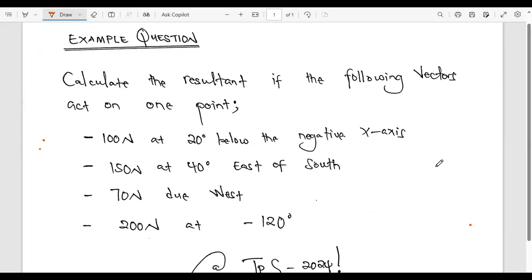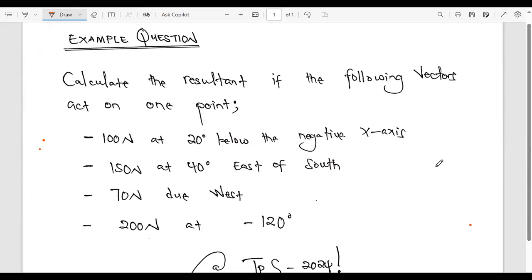So there is the issue of resolving the vectors, and there's also the issue of understanding the terminologies that are being used when describing these vectors. I'll start first of all by explaining how we can find a resultant vector. And then I shall also explain some different terminologies.